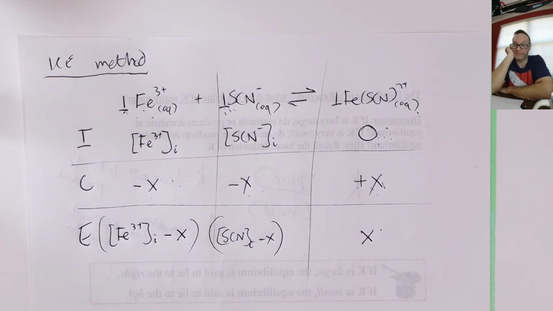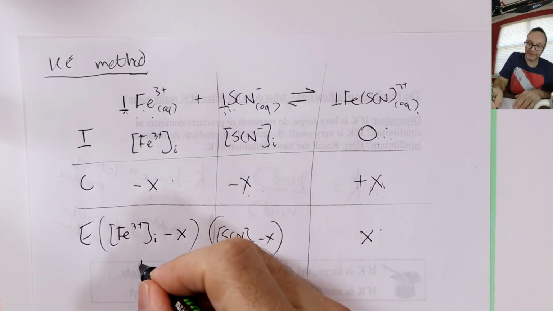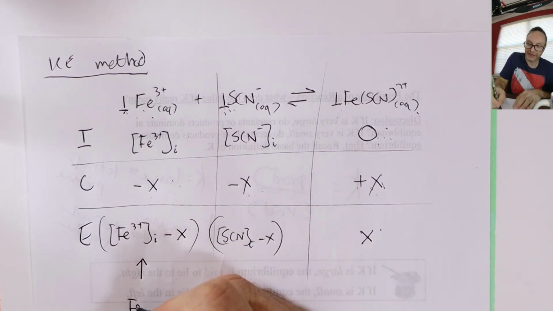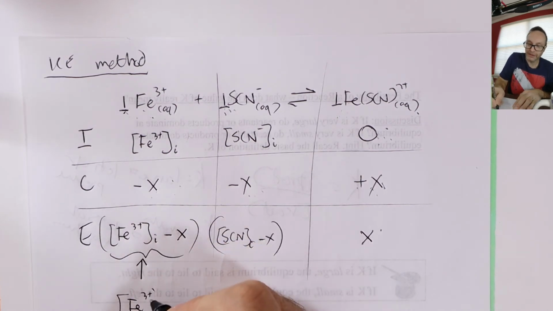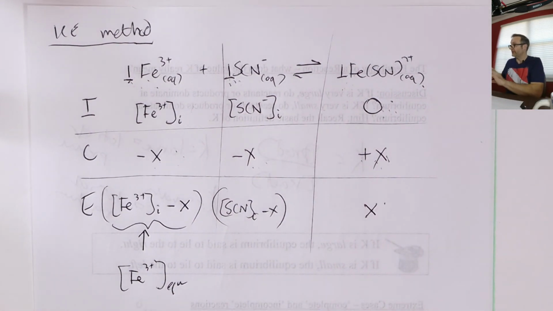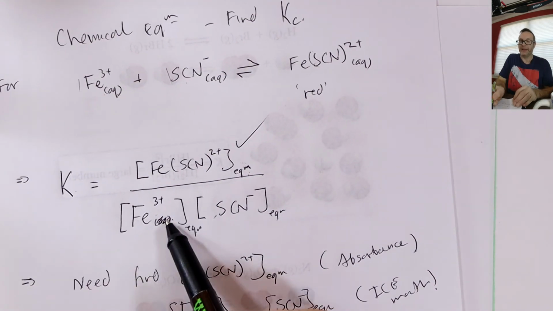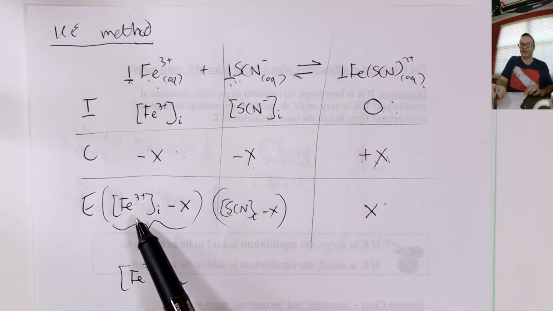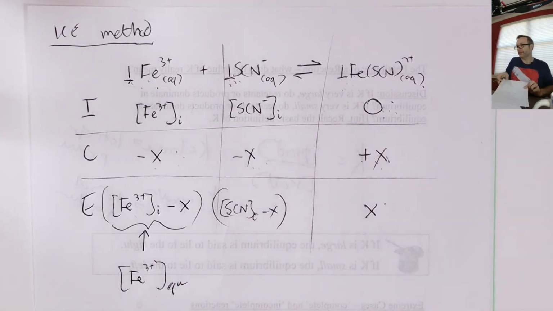Because it's algebra, right? If I want to figure out these guys, and if you think about it, what is that? That's just Fe3+ equilibrium, isn't it? That's what we've got to find out for that first equation. So that there is now the initial minus the change, right?